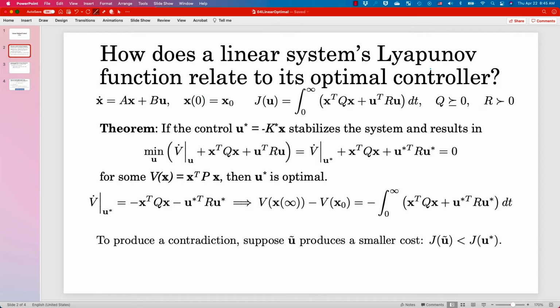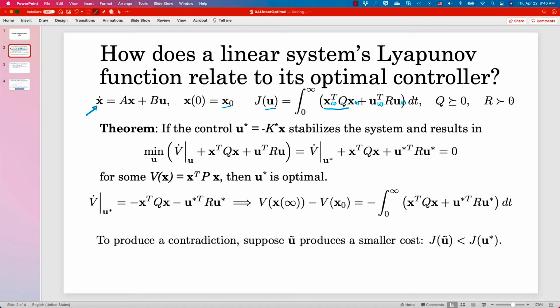Okay, so to set the stage, we're talking about a linear time invariant system, and we're going to say that its initial state is x0, and we're going to define the cost function of any control choice to be the integral over all time of the quadratic form x transpose Qx, and remember these are time functions, plus the integral of u of t transpose R times u of t.